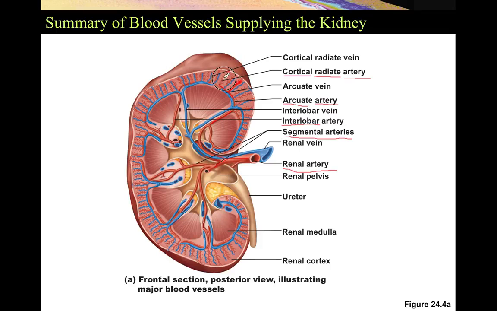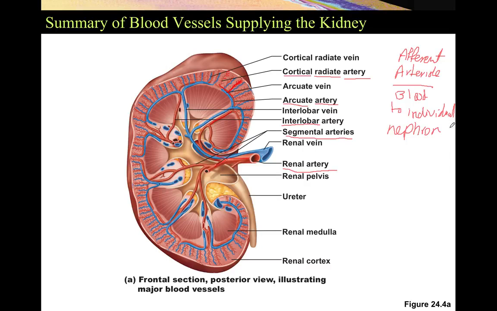If you go a little bit deeper, you see these tiny branches coming off right here. These tiny branches you see in red are identified as afferent arterioles. I'm going to write them down. This is a microscopic structure. They're called afferent arterioles, and their job is to provide blood to individual nephrons.